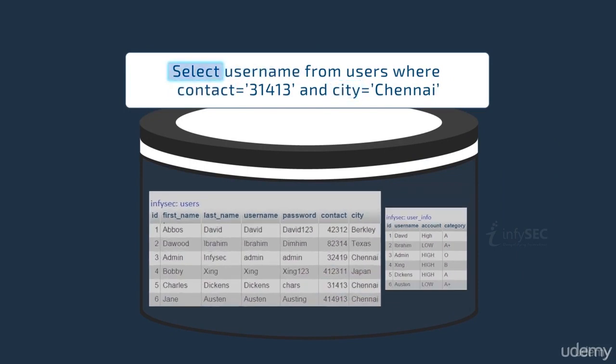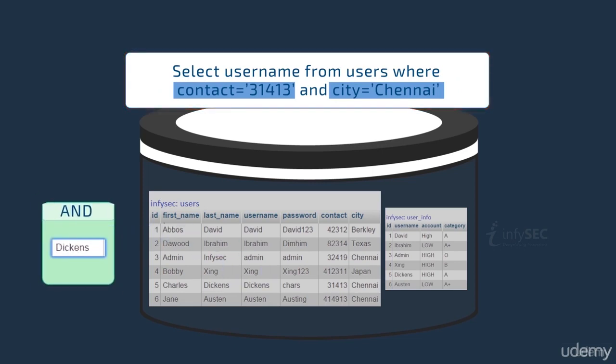In a select statement, the relevant data is fetched using either AND or OR logical operators. The AND operator fetches a record only when both the conditions in an SQL query are true. For example, when an AND operator is used in this select statement, it fetches records of users who have both the given contact number and the city as that of the user input.